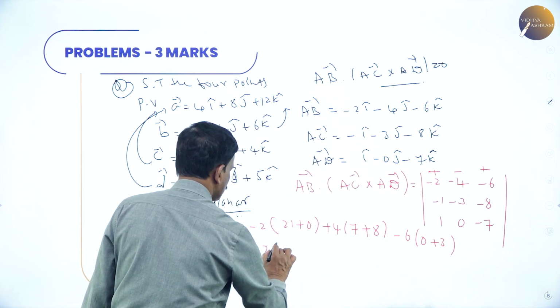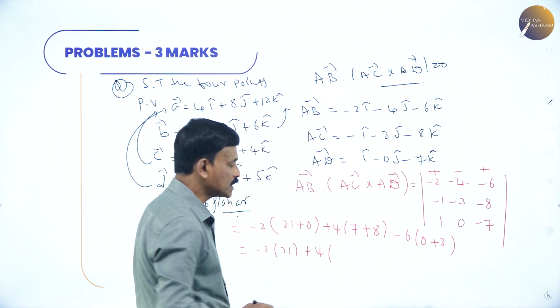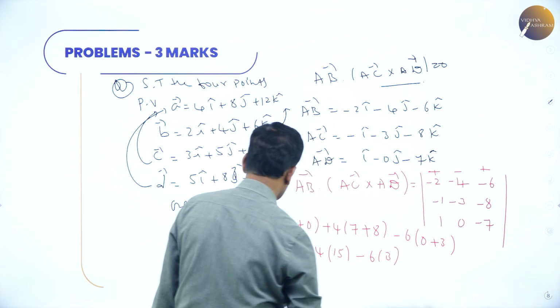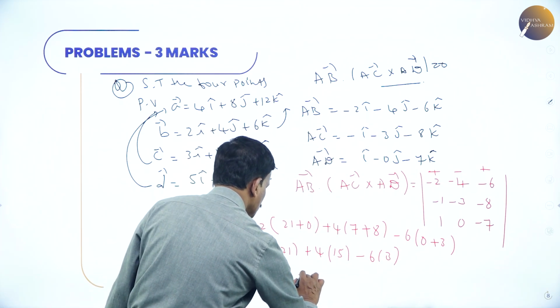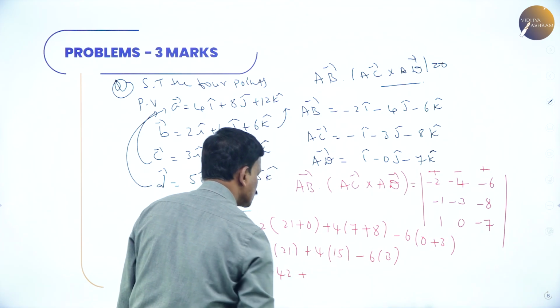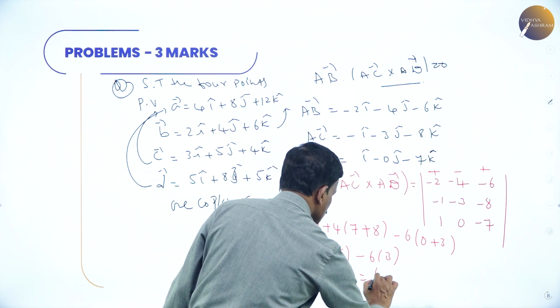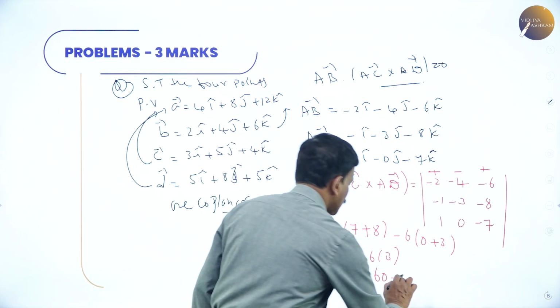So that's equal to minus 2 into 21 plus 4 into 15, minus 6 into plus 3. 21 into 2 is 42, 15 4s are 60, minus 6 3s are 18. This is 60 minus 42 minus 18 is minus 60.